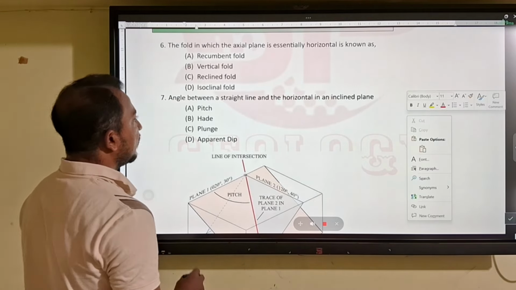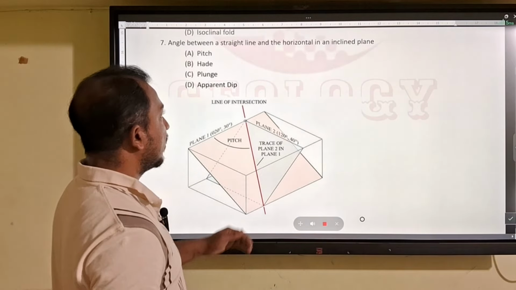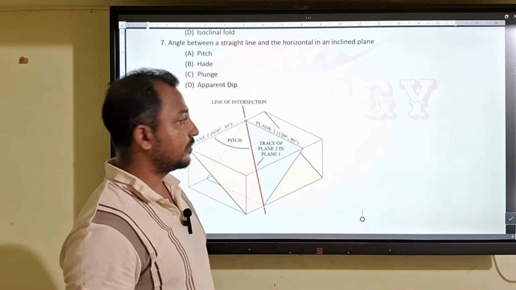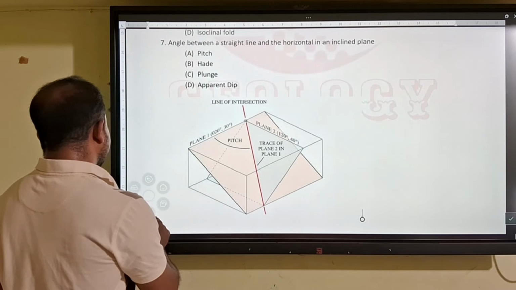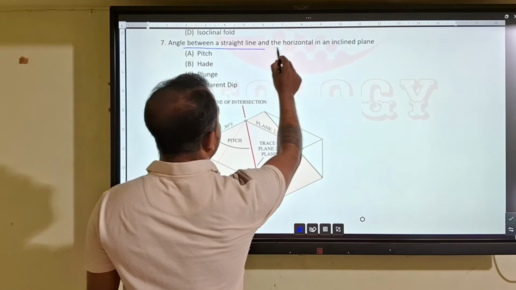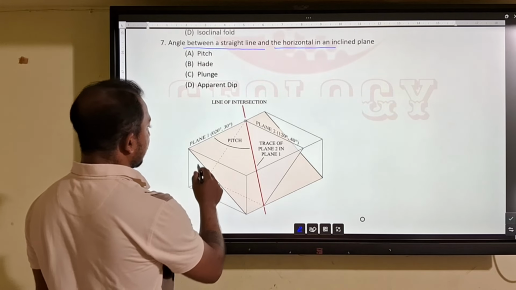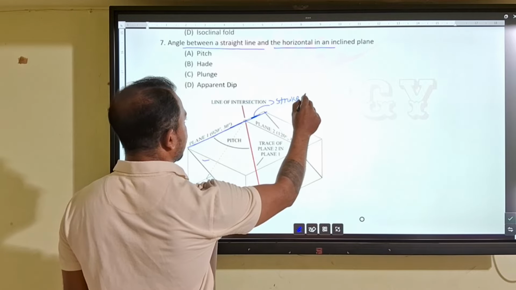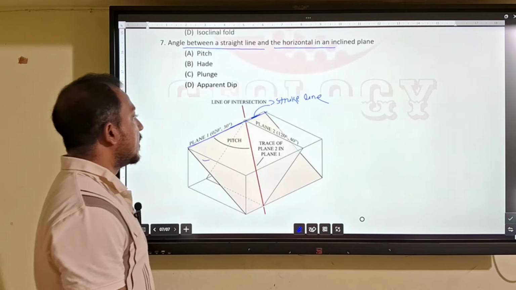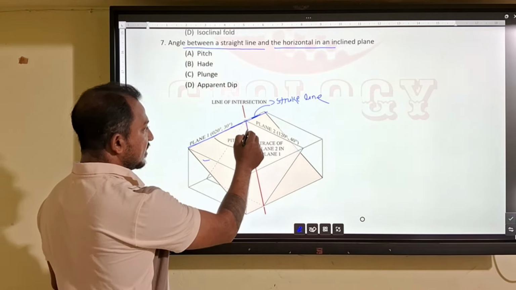Then, angle between a straight line and the horizontal in an inclined plane. Suppose this is a plane; the horizontal indicates the strike line. So this will be the strike line, and this line, you see, is a straight line.